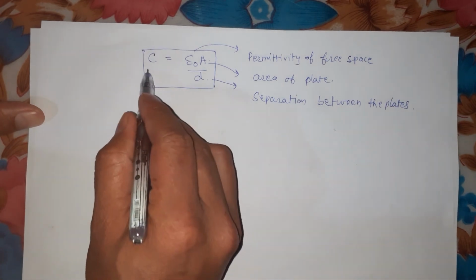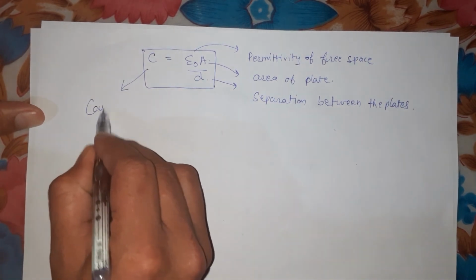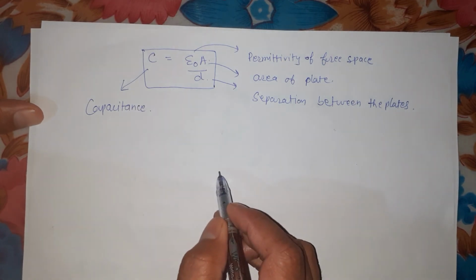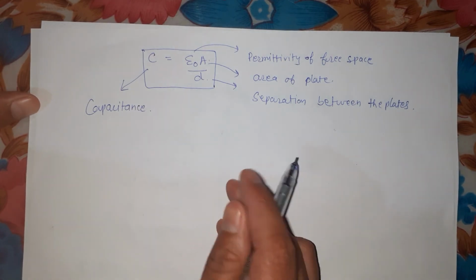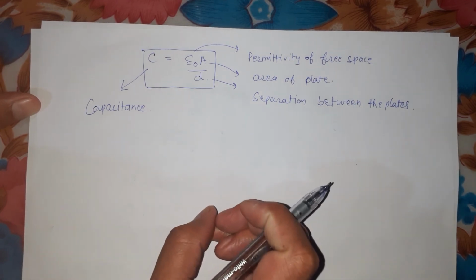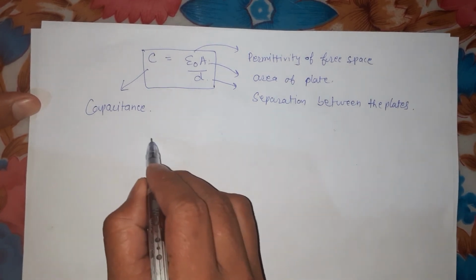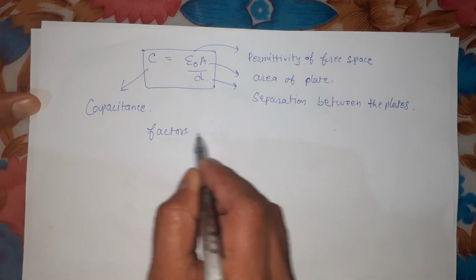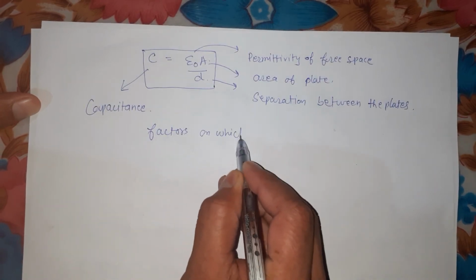So this capacitance we have calculated for the case when there is vacuum inside the plates. Here, students, you can find out the factors on which C depends.